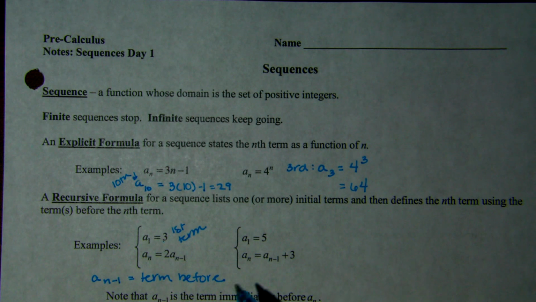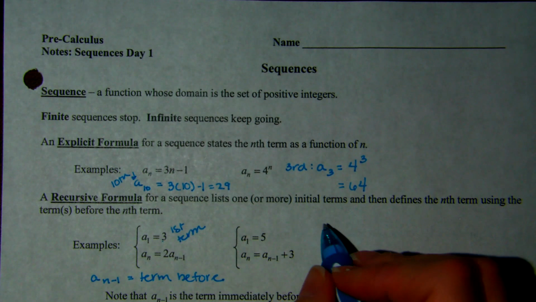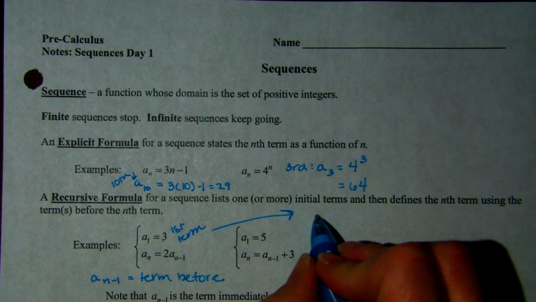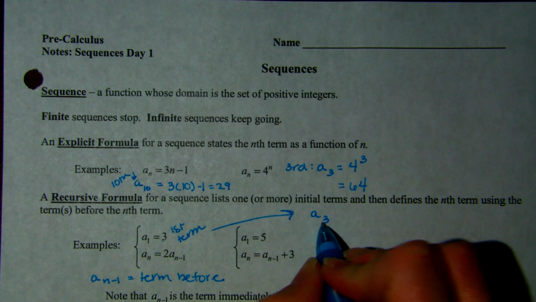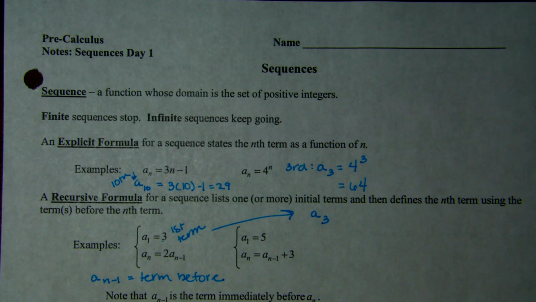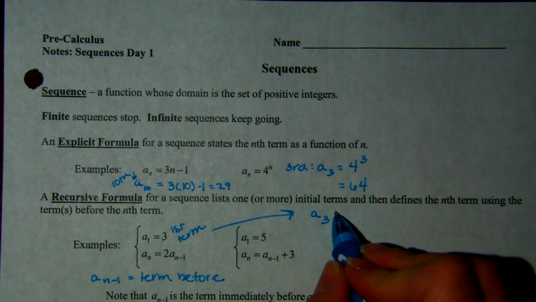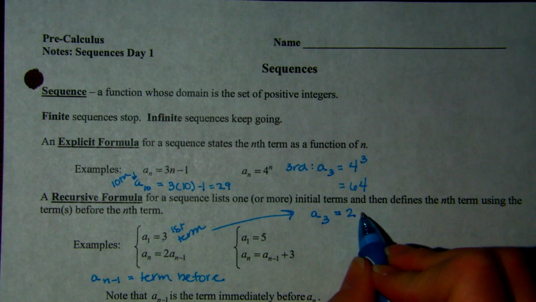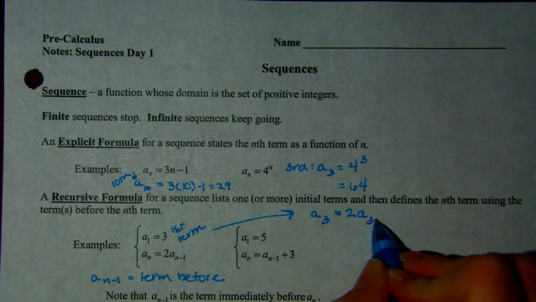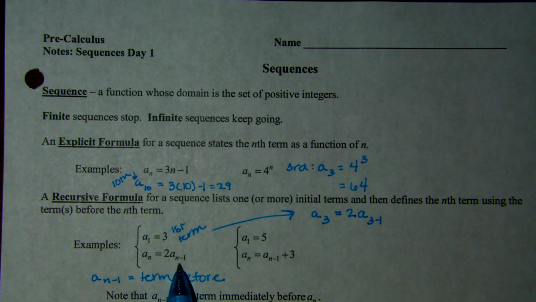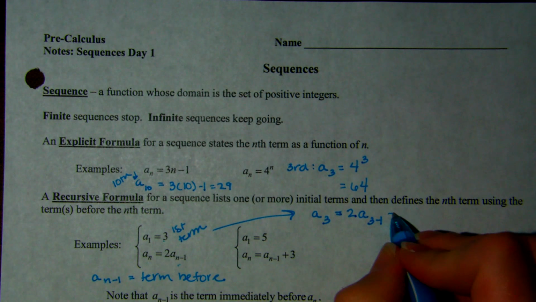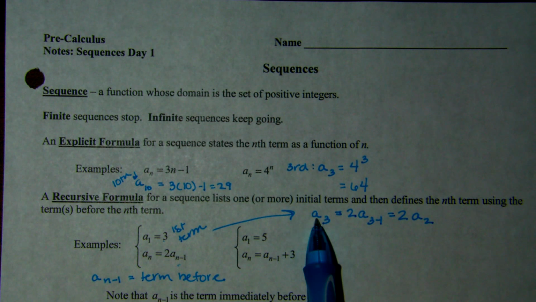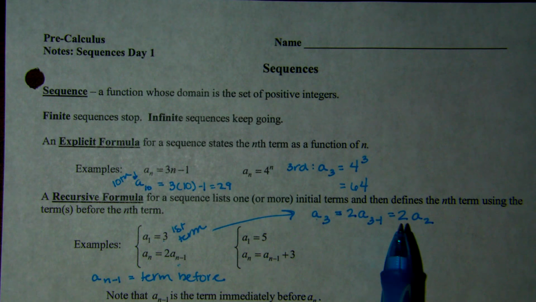So if I was looking for, with this sequence, the third term, a sub 3, that is equal to 2 a sub 3 minus 1. That goes right there, which is 2 a sub 2. And so in order to find the third term, I have to have the second term.